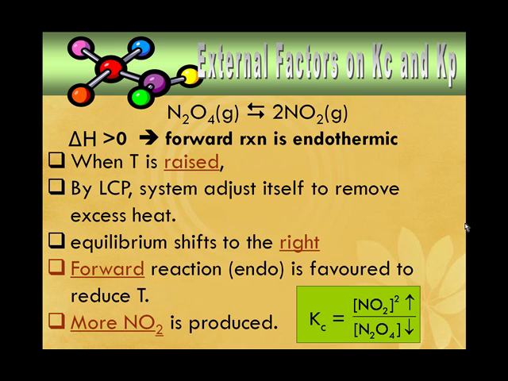What happens is that now Kc becomes larger compared to when the temperature was slightly lower. All this is because the forward reaction is endothermic. The temperature is raised and the Kc increases. See the relation now?